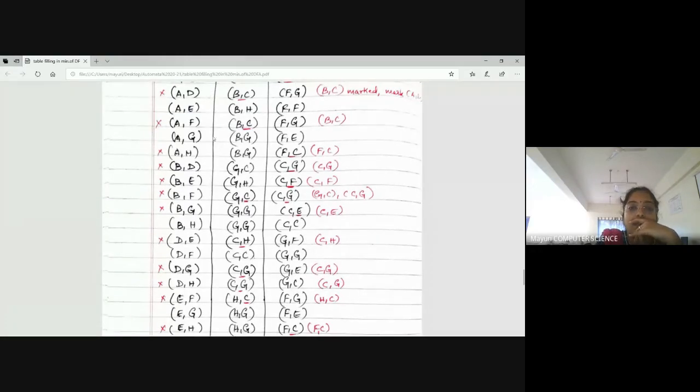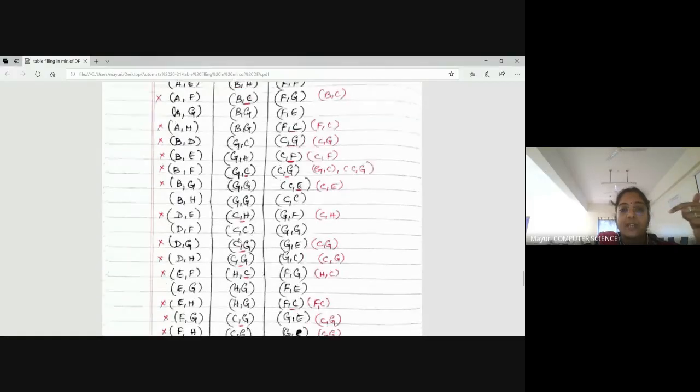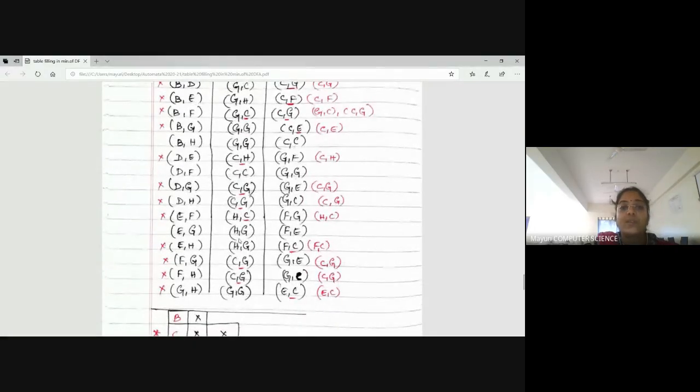Understood? Then BG both are non-final, FE both are non-final. I think it is indistinguishable. So I can go to FC, non-final, final, which is a distinguishable state. So make AH also. Like that, try to find out the distinguishable pairs, and then make its source also distinguishable.